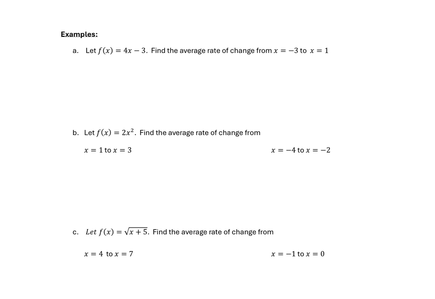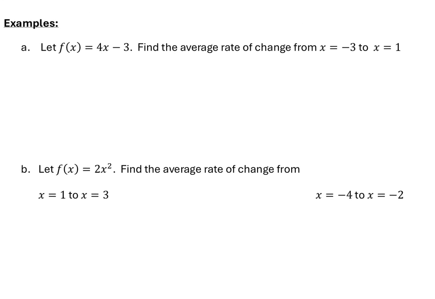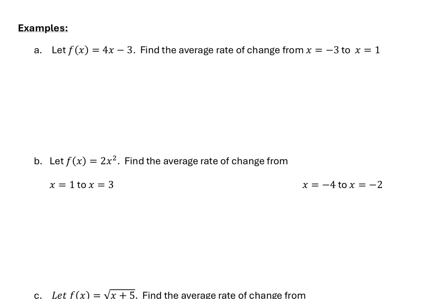Okay, we have a couple functions here, and we're going to find the average rate of change. Again, the first thing we want to do is find our points. We're going to start with a linear function. If we plug in -3, we get f of -3 is equal to 4 times -3 minus 3.